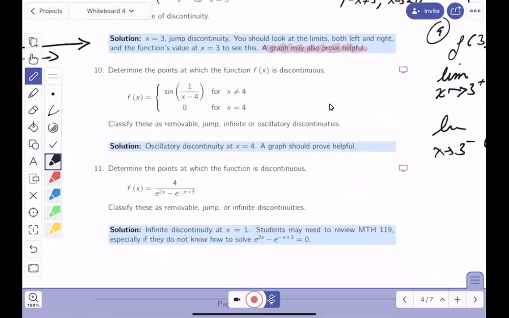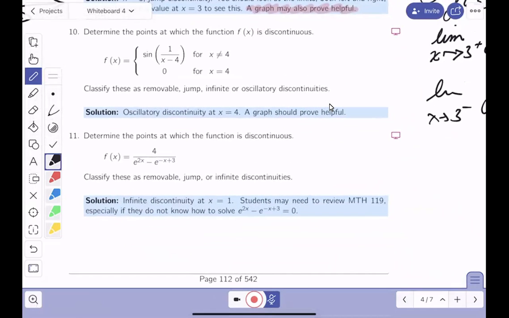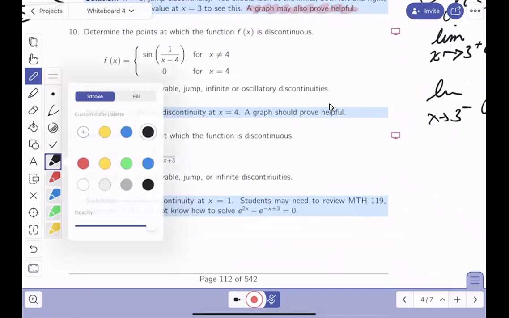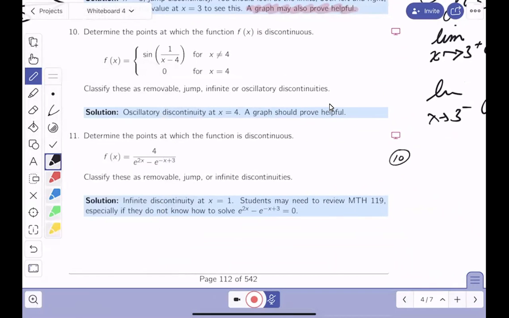All right, let's take a look at this one over here. And number 10. It goes on to say, determine the point at which the function f of x is discontinuous. And kind of looking at it, I'm going to say there's trouble here. And the trouble would be at the value 4. Right, so I'm going to write this down. So number 10, f of 4 is equal to 0.